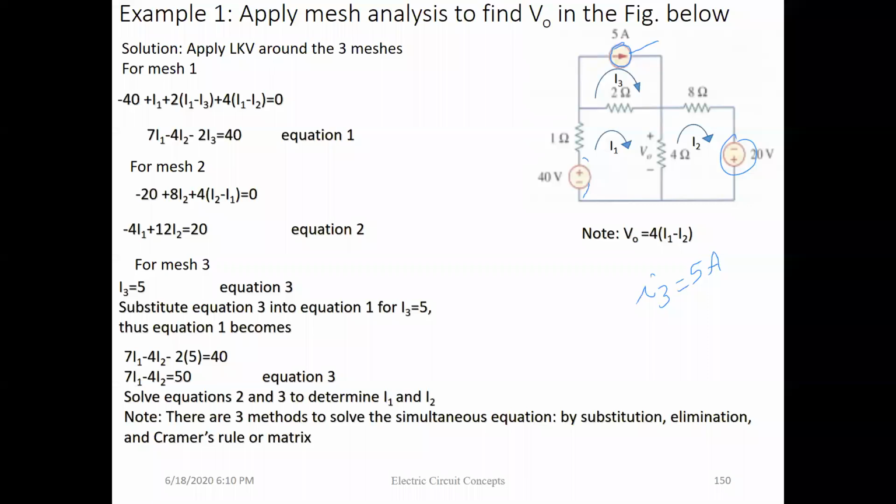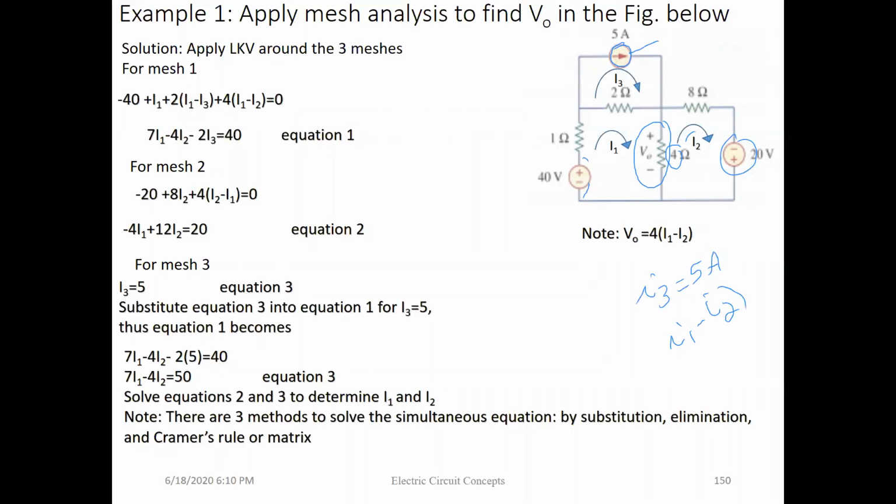Okay, now we go back to our technique. We need to find V0, so we need to find I1 and I2, because the voltage across this resistance is equal to the voltage across the resistor here. It's 4 times the current through the 4 ohm resistor. Now the current here is I1 minus I2.